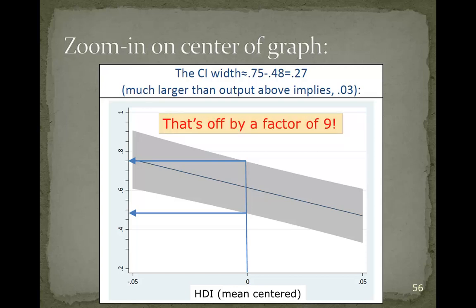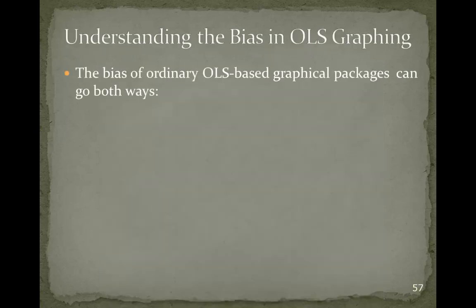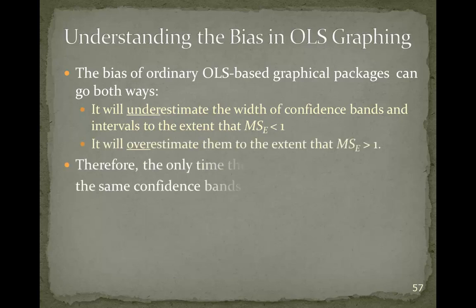That's pretty extreme, and it could affect your inferences at different points of that graph. So it turns out that the bias that's involved in OLS-based graphical packages could go either way. It will underestimate the width of the bands and intervals to the extent that the mean square error is less than 1, and it will overestimate them when it's the opposite, when the mean square error is greater than 1.